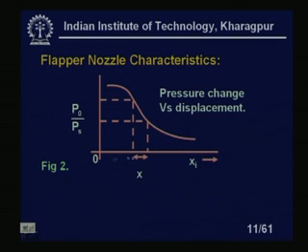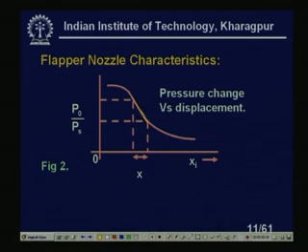After that, when the flapper is far away, the displacement is greater and greater, and PO by Ps has a constant value. We will be more interested in this linear region of the flapper. We will do the calculations later on.